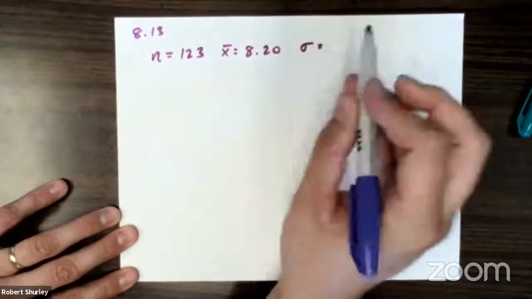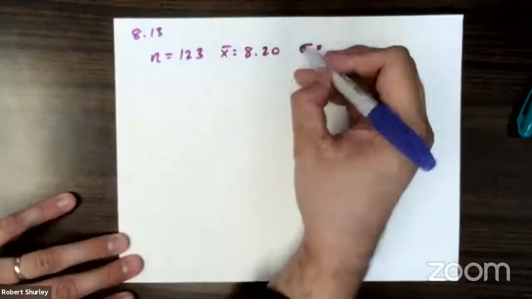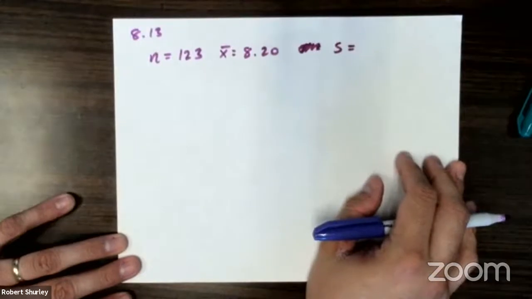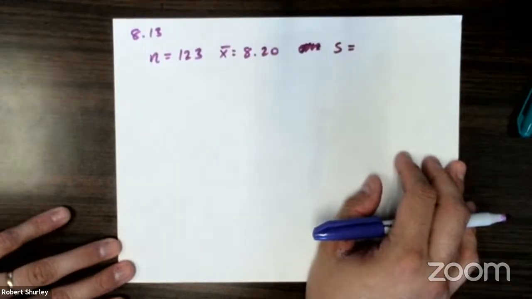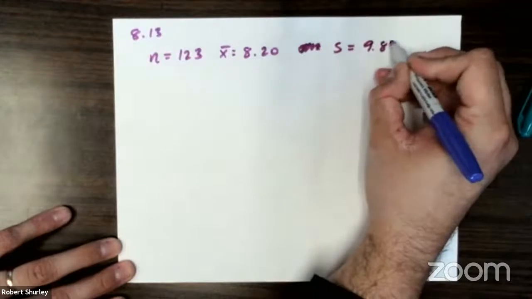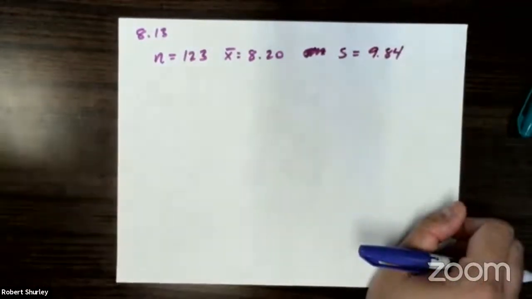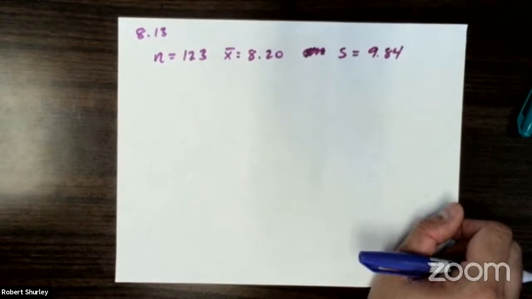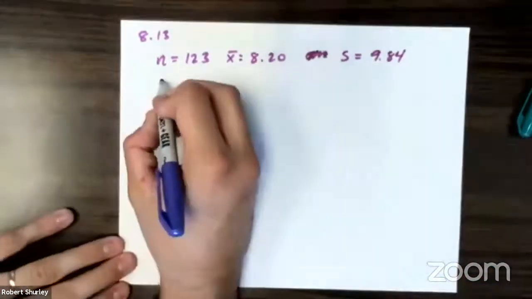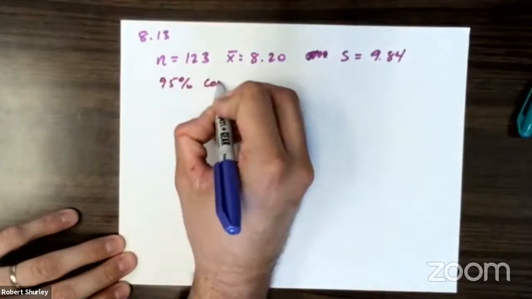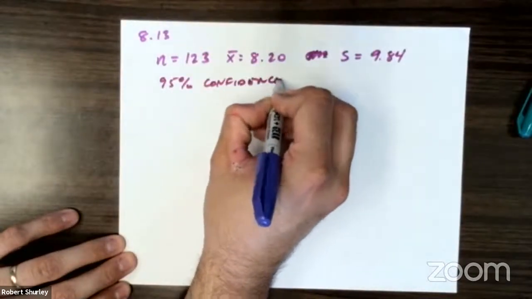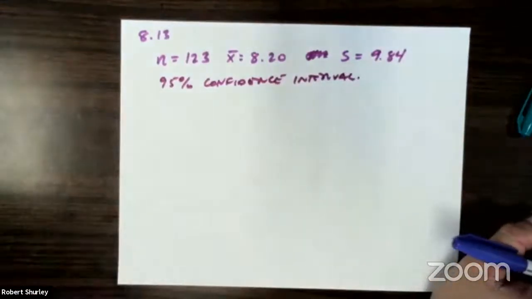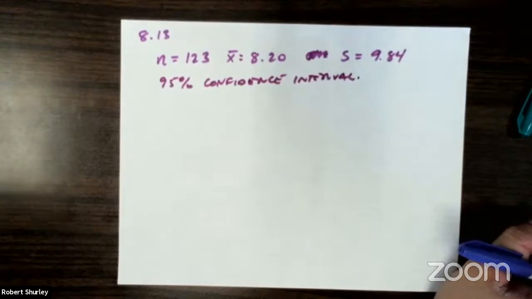That's what's important: it's a sample standard deviation, so it's not sigma, it's S, of 9.84 hours. Assume this is a simple random sample from a population of people aged 18 to 22 in the U.S. Construct a 95% confidence interval for the population mean number of hours.